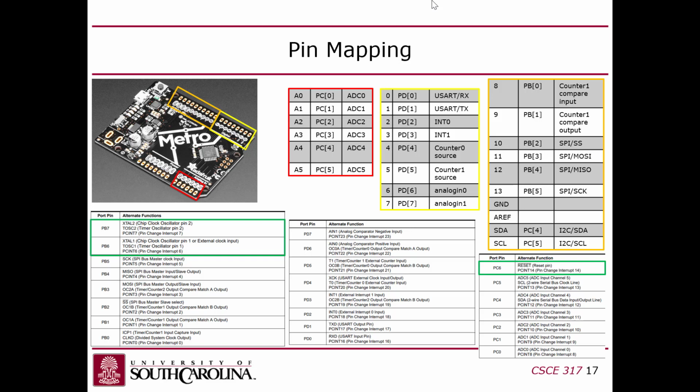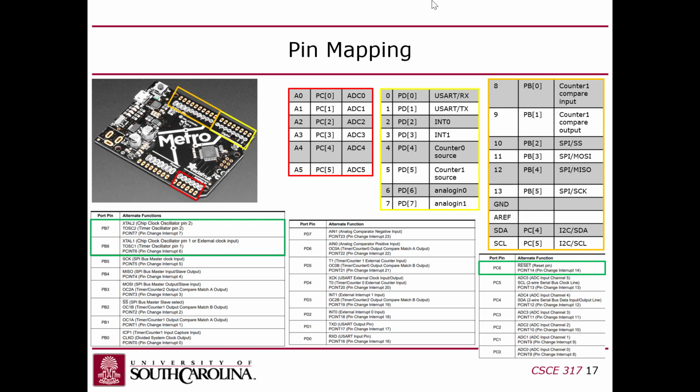This is what the board looks like, and there are these headers. There are 4 headers that are part of the standard Arduino header form factor, a standard interface so you can plug things onto it as shields. One of them is just power supply and ground. The other 3 generally match up to the B, C, and D ports. But each pin on those ports has these other functions.